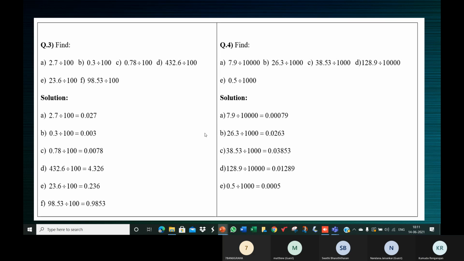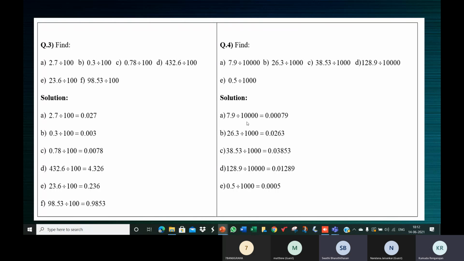Now try this. How many decimal places in 26.3? Only one decimal place. How many zeros in 1000? 3 zeros in 1000. So what is 1 plus 3? 4. So the answer should have 4 decimal places. How many digits do you have in this number?